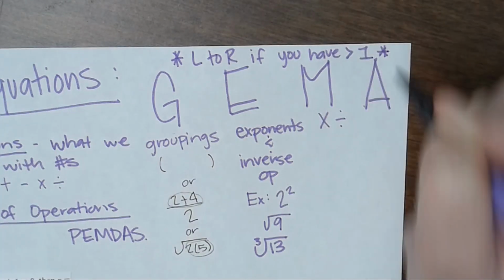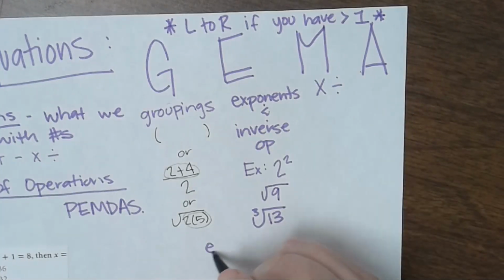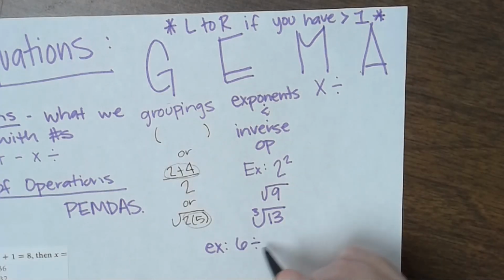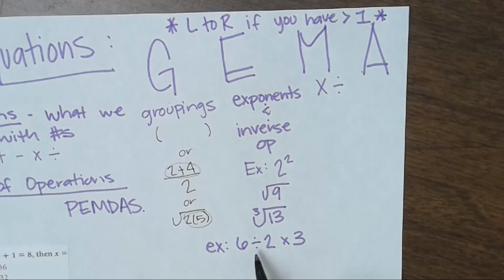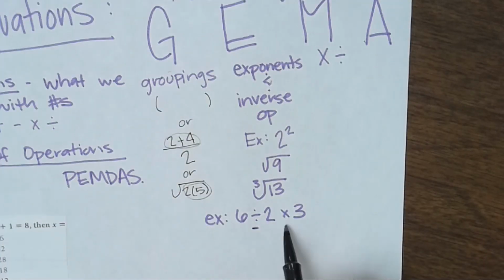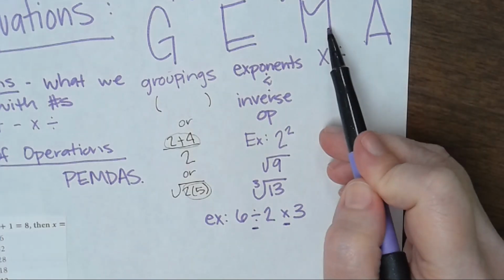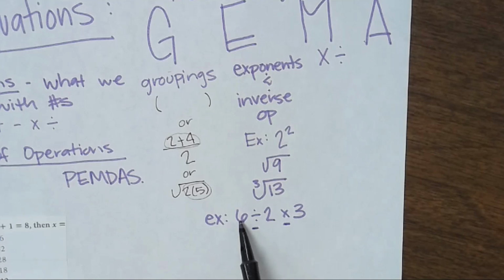Okay, here's an example. If I have 6 divided by 2 times 3, what operations do I have? I have division and I have multiplication, but in GEMA these are included in the same step, so I'm going to go left to right. 6 divided by 2 equals 3, and 3 times 3 is 9. Alright, always left to right in the same step.